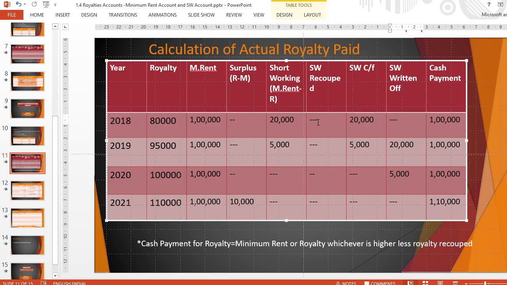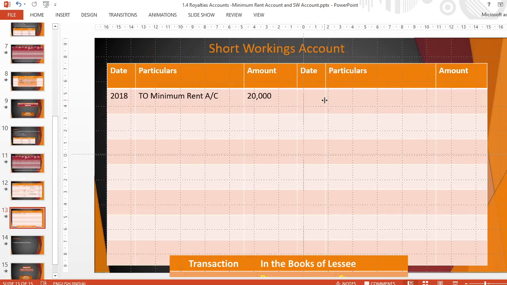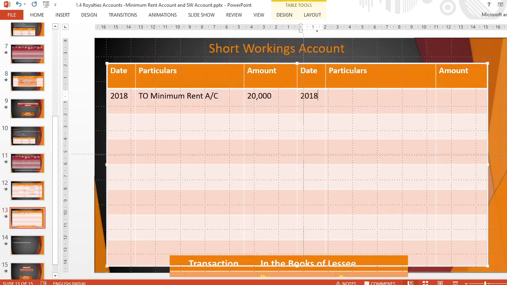There is neither recoupment nor written off. So I'll carry down the balance for the year 2018 by balance carried forward. On the debit side, the total is 20,000. So the difference amount carried down is 20,000 rupees.